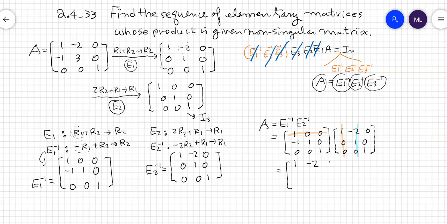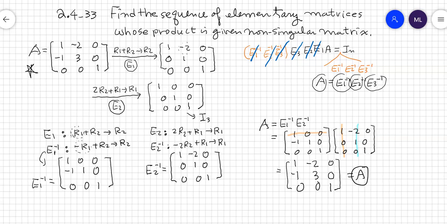And the last one is 0. Okay, and then the second row, negative 1, so this is simply negative 1. And then this is 2 plus 1 is 3. And then the last column gives me 0. And then this is a 0. That is also 0. Last one is 1. Isn't that what A is? Okay, that's what this A is.